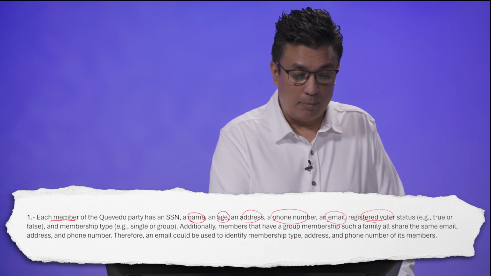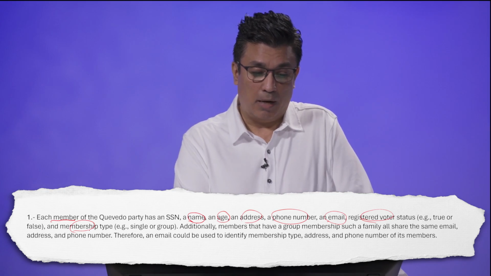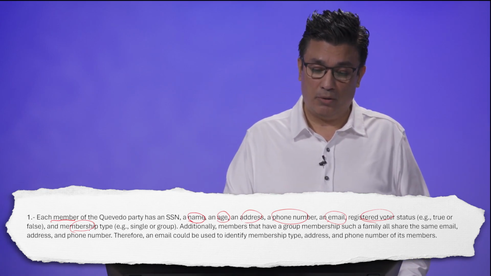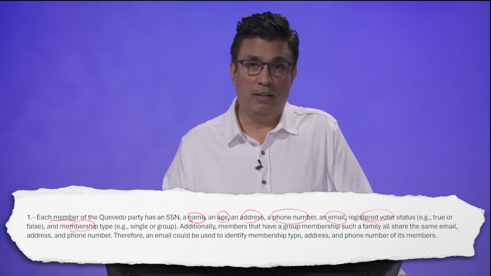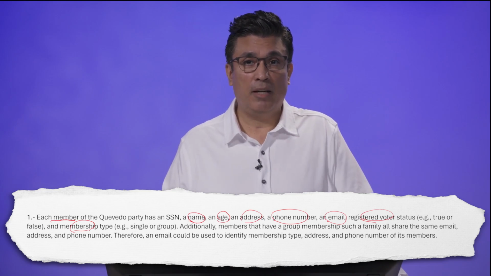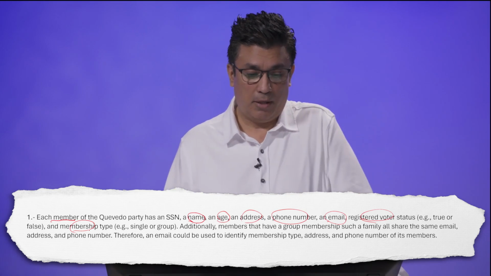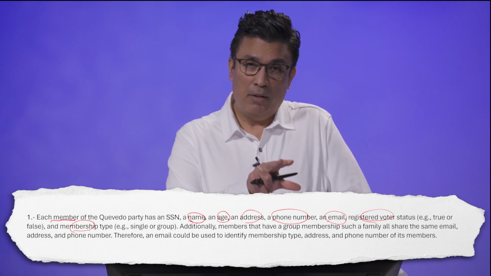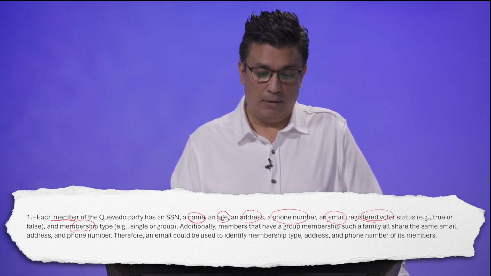Membership type also has possible values: single or group. We're not going to be able to store that information initially, but we need it in the database because it's a requirement for the client. We cannot create a database that is not meeting the requirements. So in the initial part, we need to take a note that this is not in there.